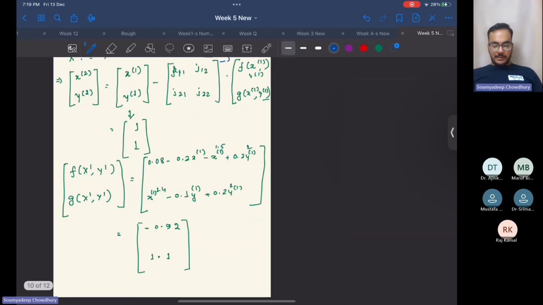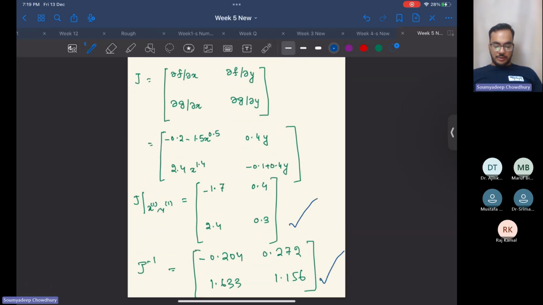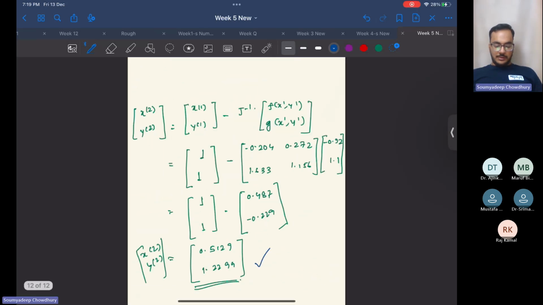If you simplify this, you get your J matrix, your J inverse, and your x2, y2. This is just one iteration. After this, again you have to compute the Jacobian matrix and perform the same process to find x of 3 and y of 3.